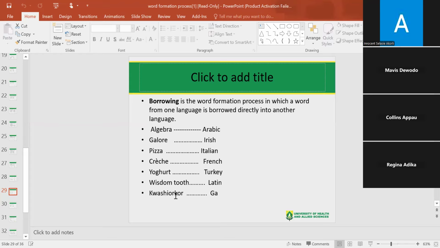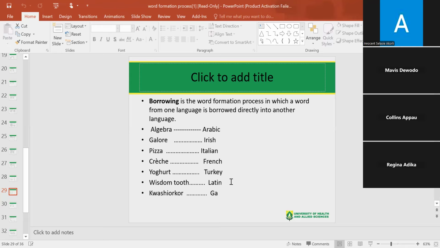When you say we borrow the thing, it's not a matter of just anybody beginning to use the word and we say it's borrowed. No. The word will find its way into a dictionary of English. So when you go to an English dictionary, you can see Kwashiorkor there, which means that the word is borrowed and it finds its way into the dictionary. If it's not in the dictionary, you cannot say that it is borrowed.